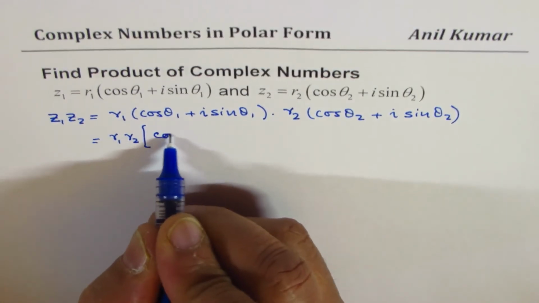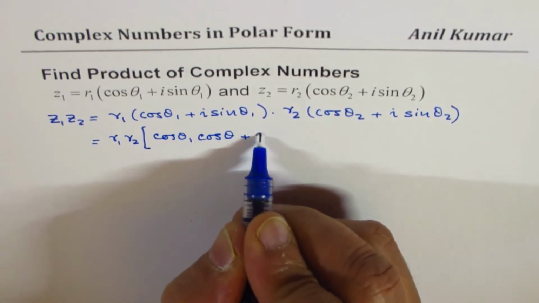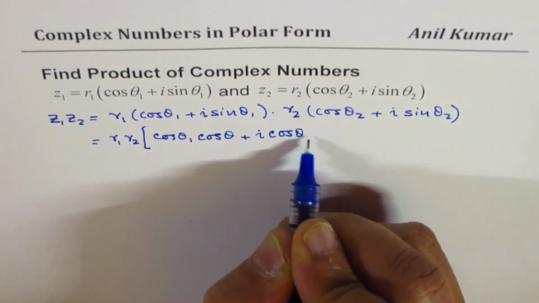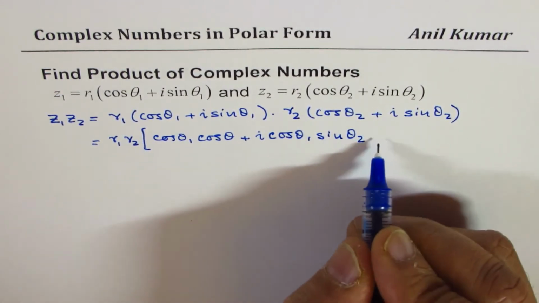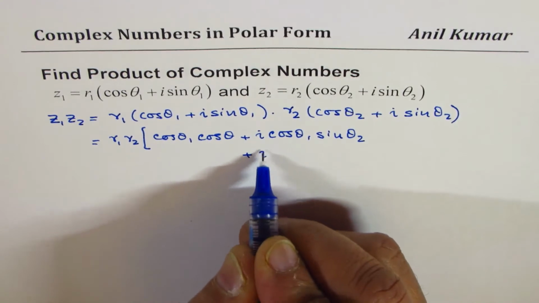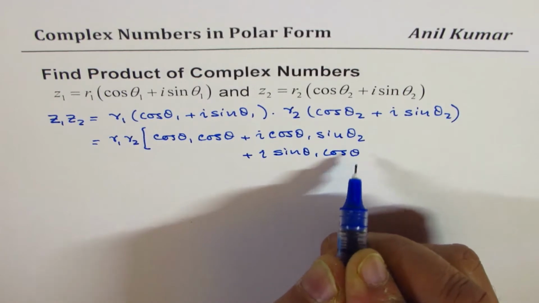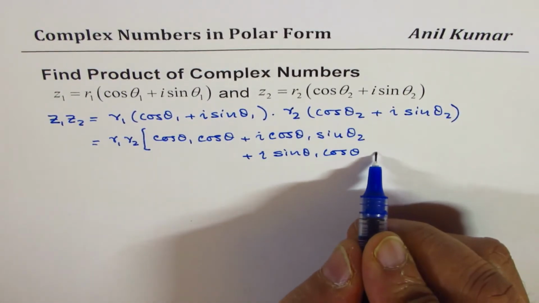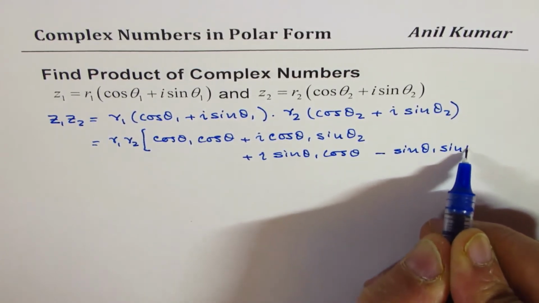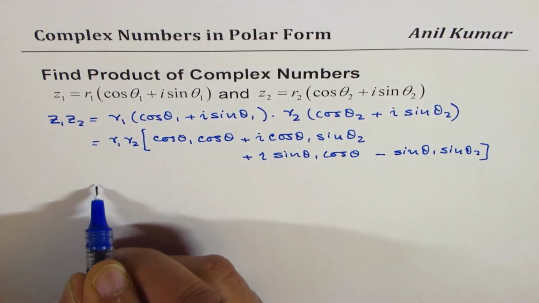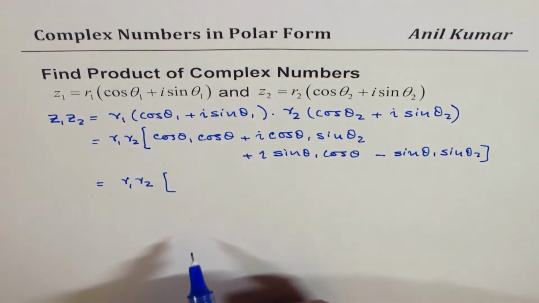Distributive property, we get cos theta 1 times cos theta 2, then we get plus i cos theta 1 sine theta 2, then plus i sine theta 1 cos theta 2. i square is negative, so we get minus sine theta 1 sine theta 2, correct? So that gives us the product of r1 and r2 times.